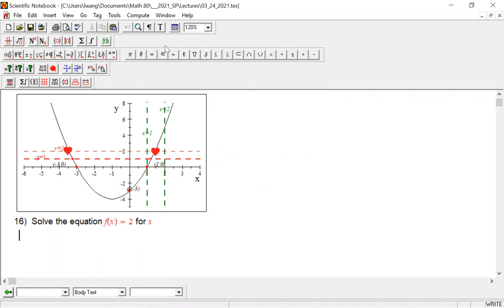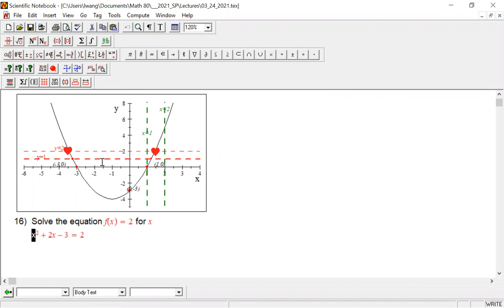This is f of x equals 2. And what is f of x? There are two forms. One is x squared plus 2x minus 3.